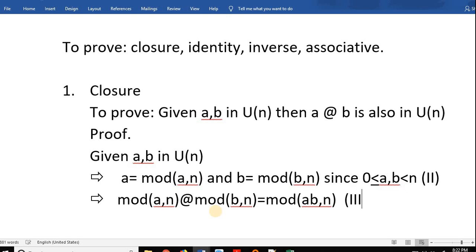Now all I need to do is show that this number is between 0 and n, first of all, and then I need to show that it's relatively prime to n. So AB mod n is between 0 and n. And what does that follow from?